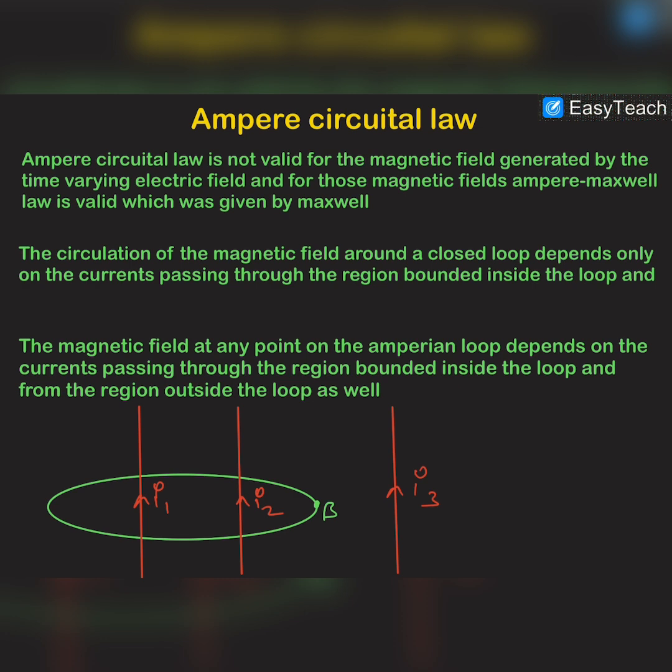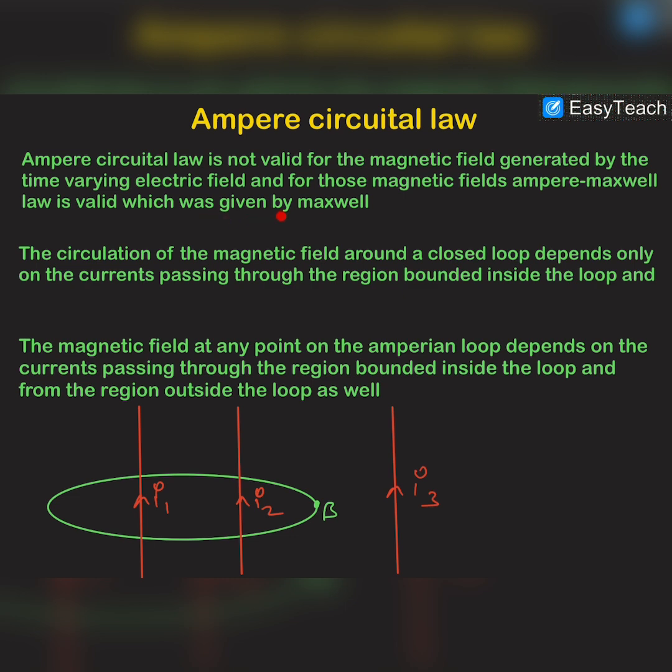Now Ampere's circuital law is not valid for calculating the magnetic field generated by a time varying electric field. For those magnetic fields, the Ampere-Maxwell law, given by Maxwell, is the valid law.